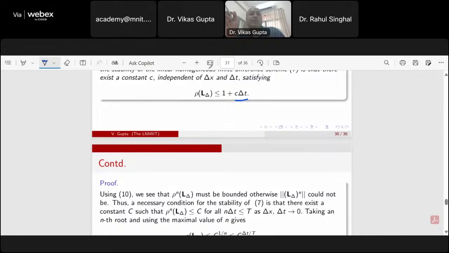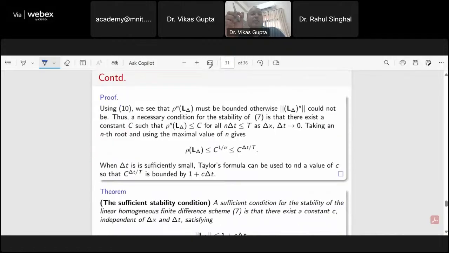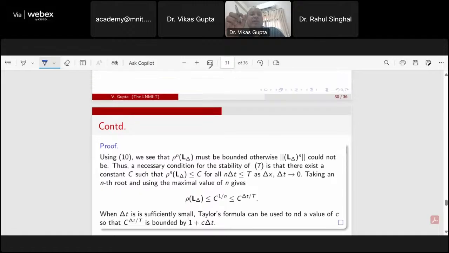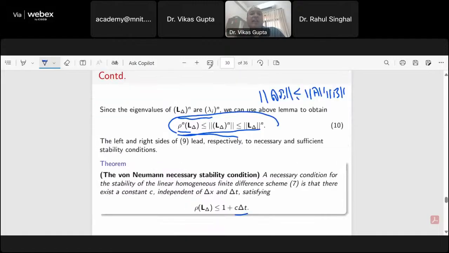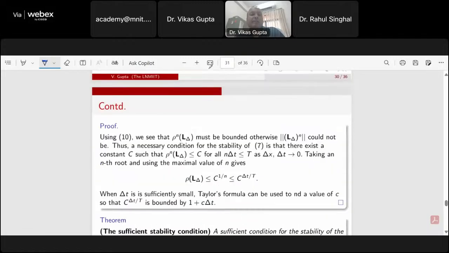So to prove this theorem, using equation number 10, we see that rho to the power n of L delta is the bound of the nth power of the matrix norm of L delta. Okay?